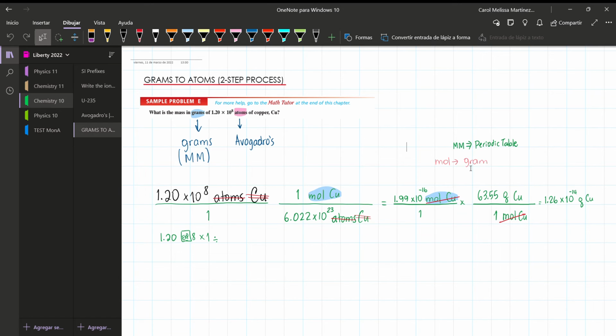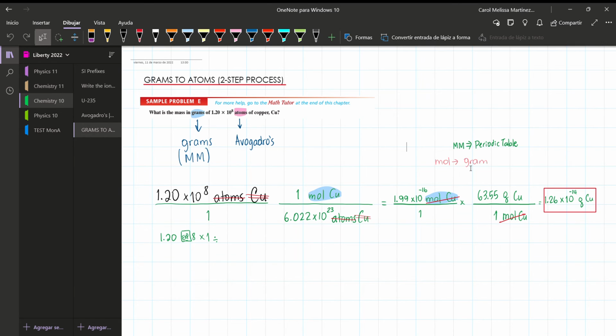Okay, now remember, there are 2 steps. How do you recognize there are 2 steps? Because of the keywords. The problem is asking me for grams.